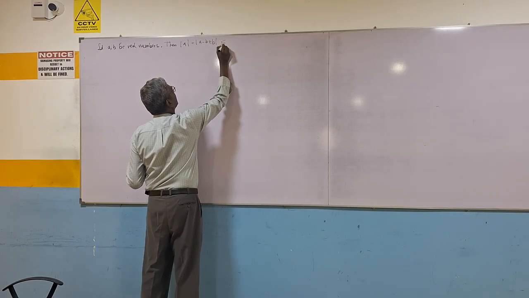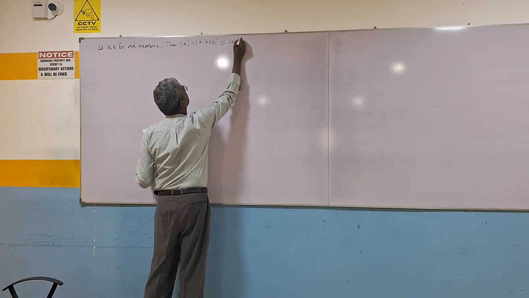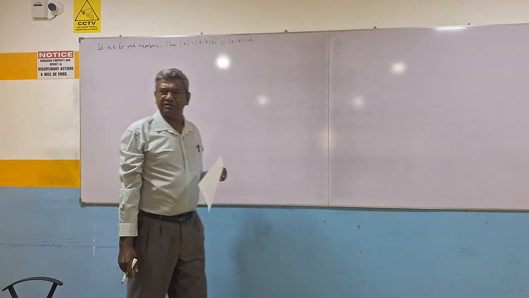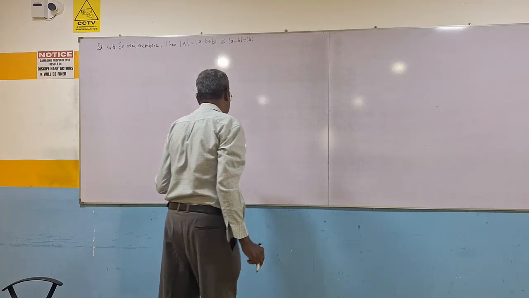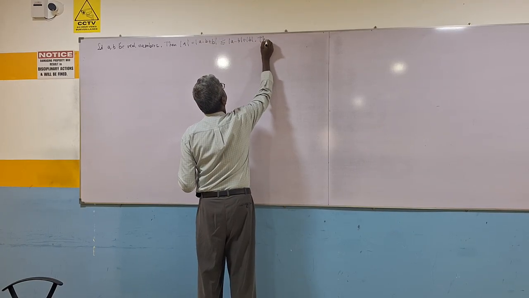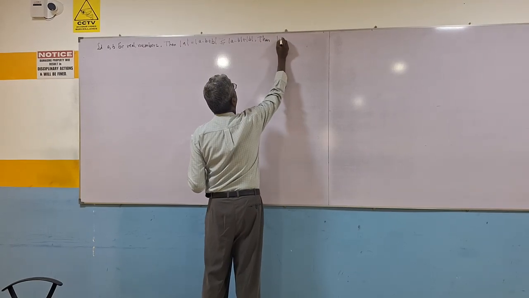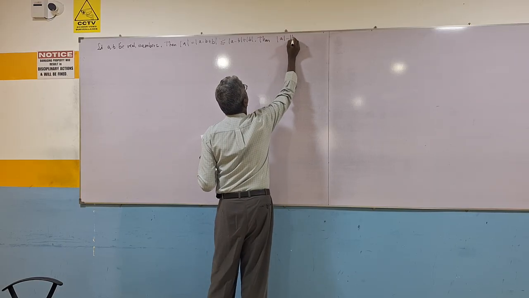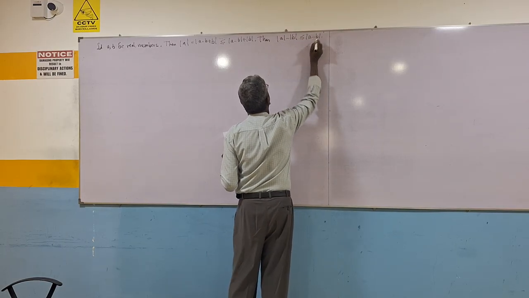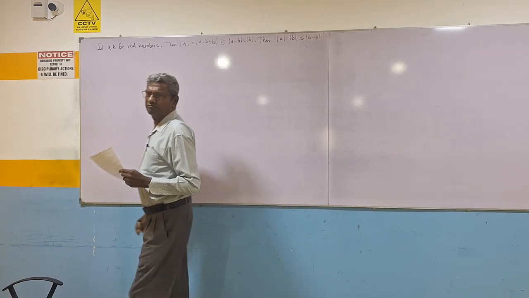Certainly this is less than or equal to |A minus B| plus |B|. You know |x plus y| is less than or equal to |x| plus |y|. Thus, you get from here |A| minus |B| less than or equal to |A minus B|. Right?